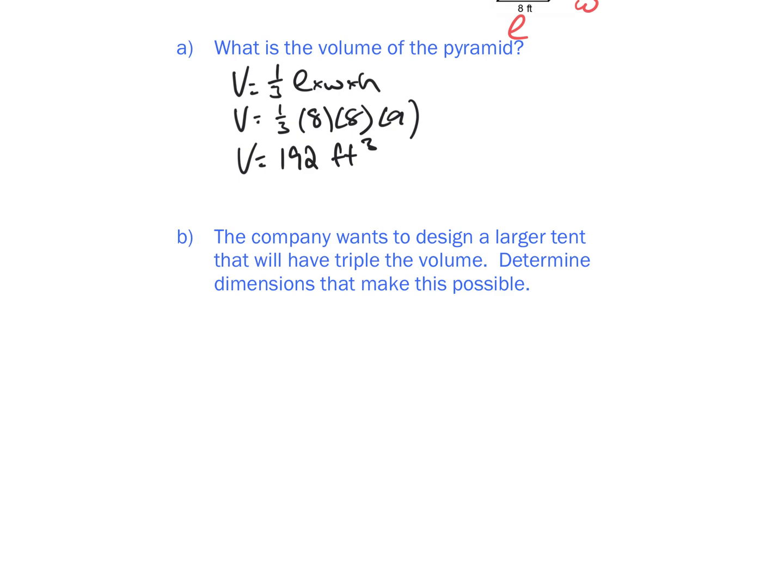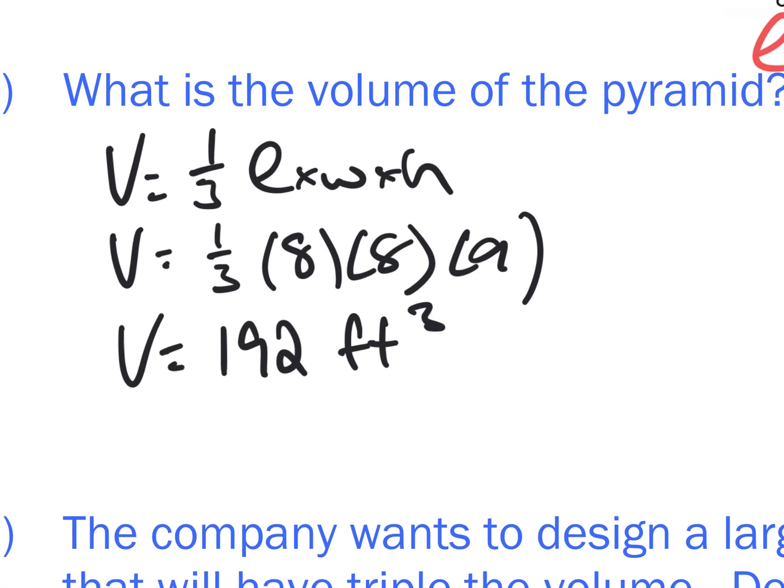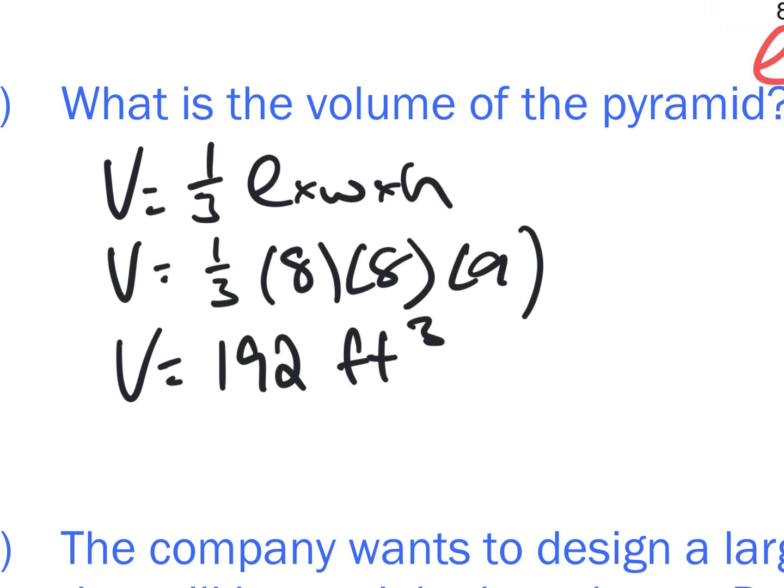So, in other words, if we go back to this, we can kind of think of it this way. This is our length. This is our width. This is our height.